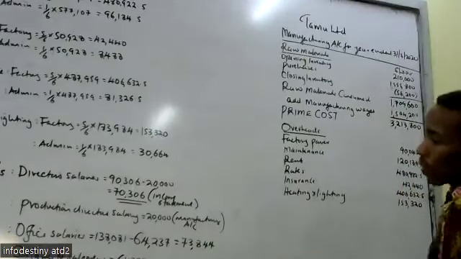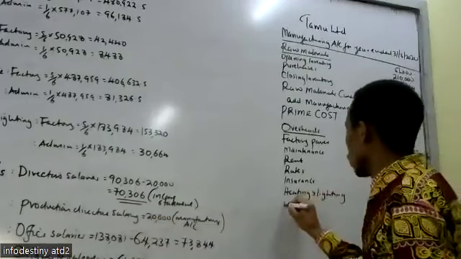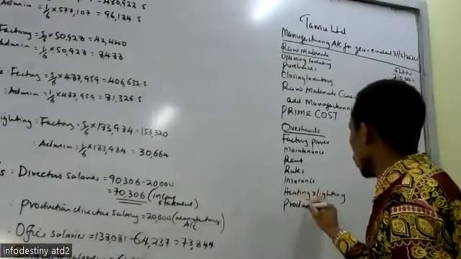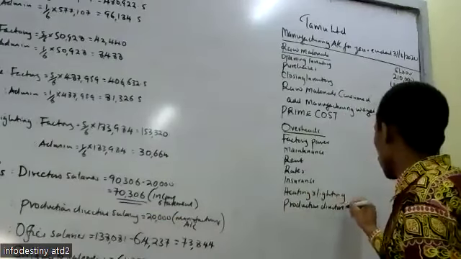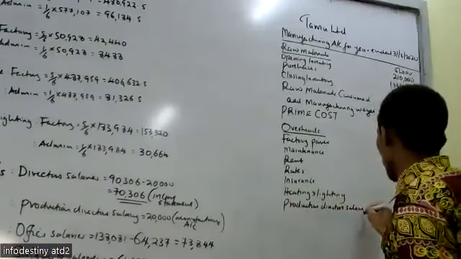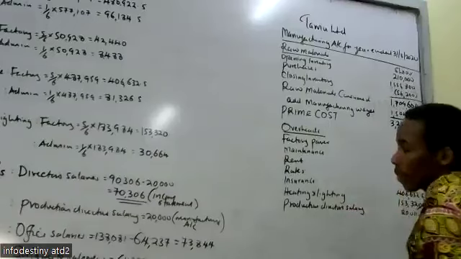Then we pick production director salary of 20,000.